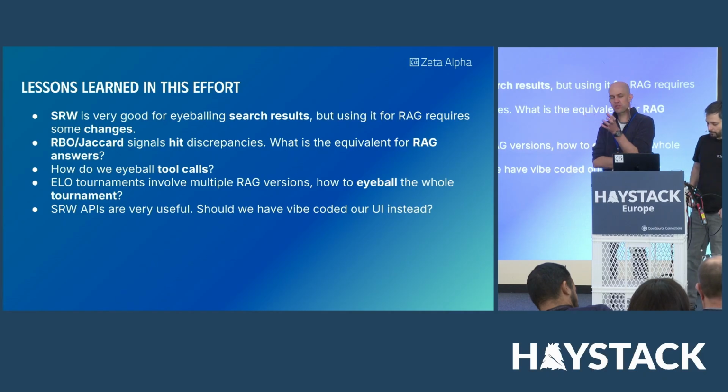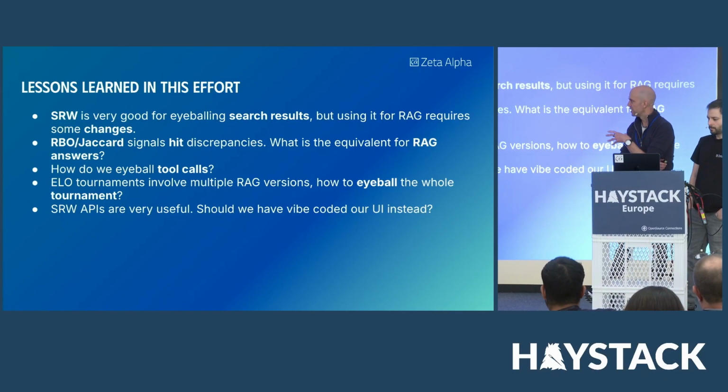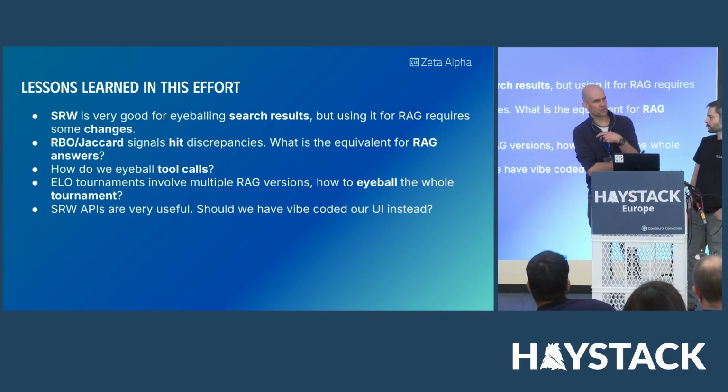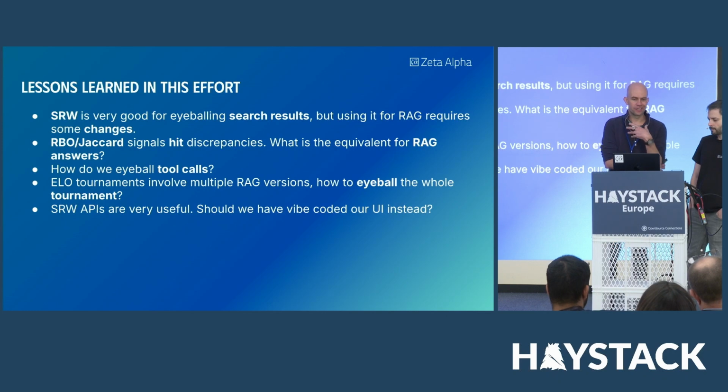We compare search result lists with each other, and there we can measure change with metrics like RBO and Jaccard. But I don't feel that we have an equivalent metric for RAG answers already. Yeah, there's something like how similar are they, but we don't have the feeling that there are established ones right now.